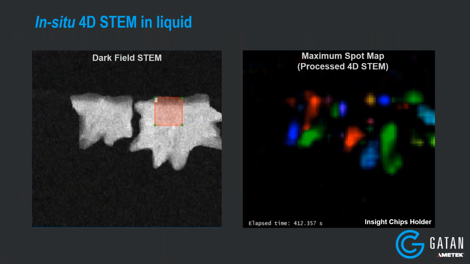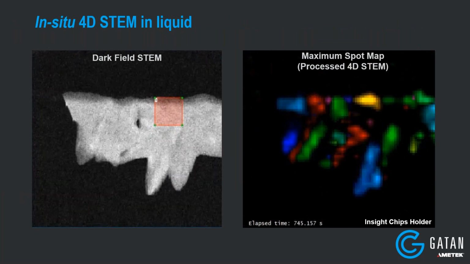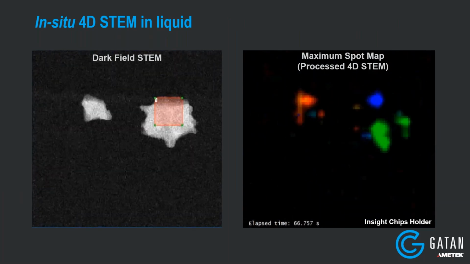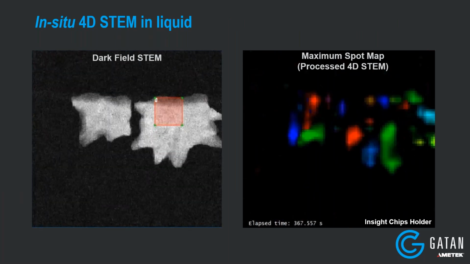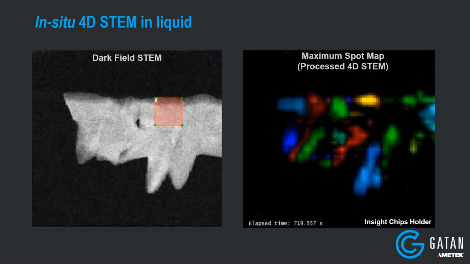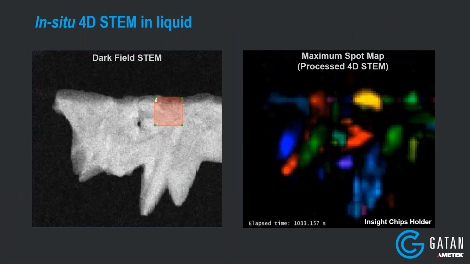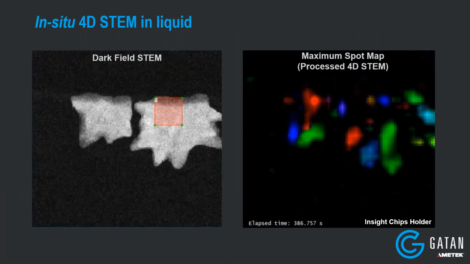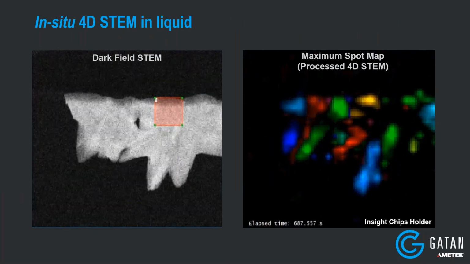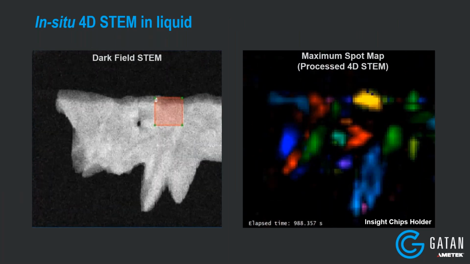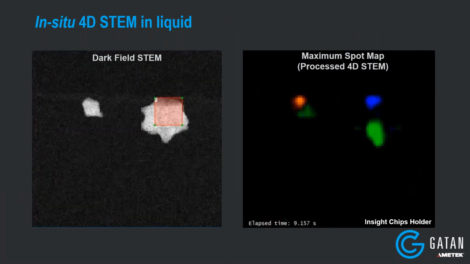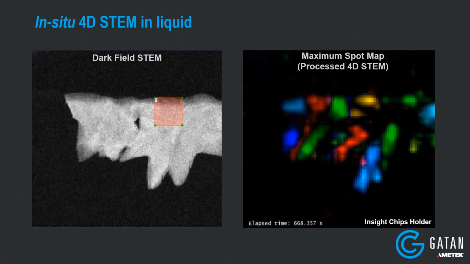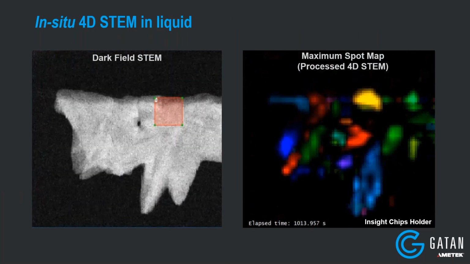Okay, so this data set that I'm showing here is not using this new survey mapping technique. This is the sort of in situ 4D STEM acquisition that Gatan has enabled for several years now, where we can capture an entire series of 4D data cubes over time, and then very easily process these to produce videos.